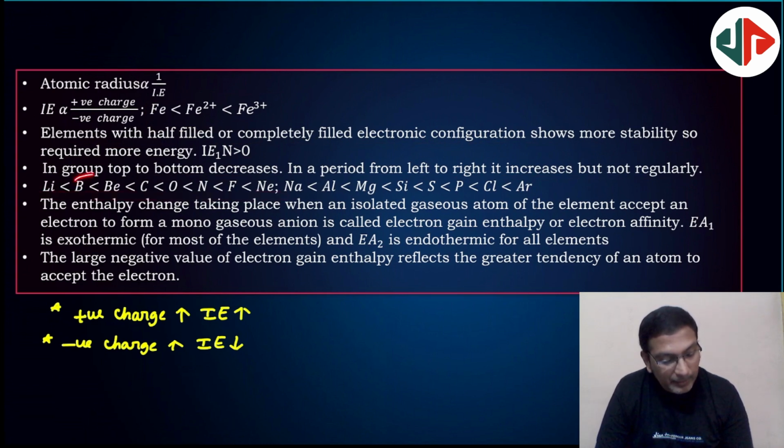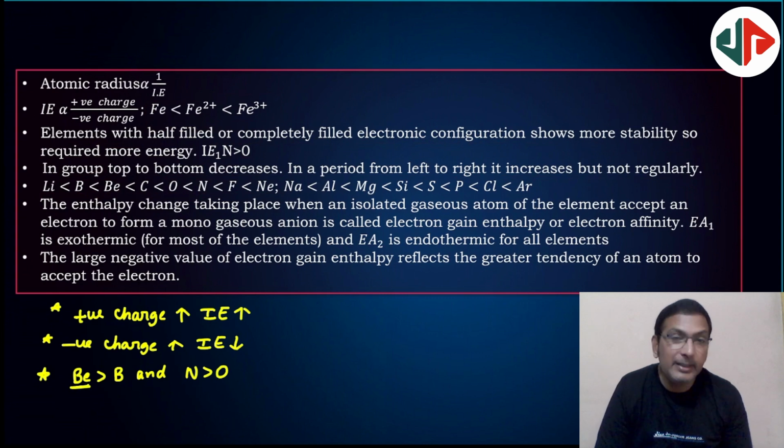Here the abnormal pairs are beryllium and boron, and nitrogen and oxygen. So beryllium greater than boron, and nitrogen greater than oxygen. In beryllium a completely filled configuration is present. In nitrogen a half-filled configuration is present. Therefore, these two are anomalous pairs.